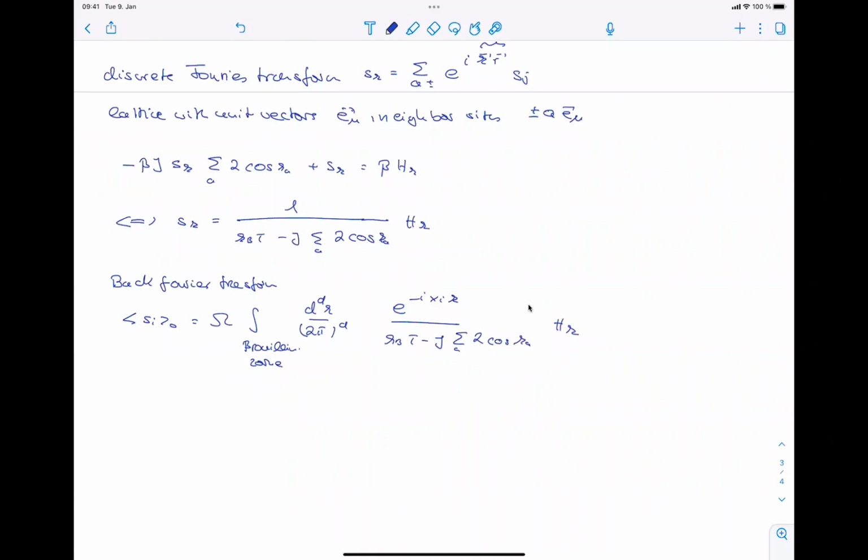And we already see that this expression is divergent when this term becomes 0, which happens when we're at the critical temperature. Let me show this. So T is equal to T_c that we had already identified.